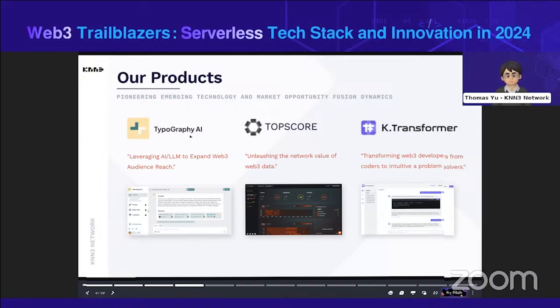Basically, it helps Web3 users learn Web3 knowledge, information, and all that data more easily and intuitively. We also help users connect to Web3 protocols and products like Uniswap, or do a security check, without leaving the platform.